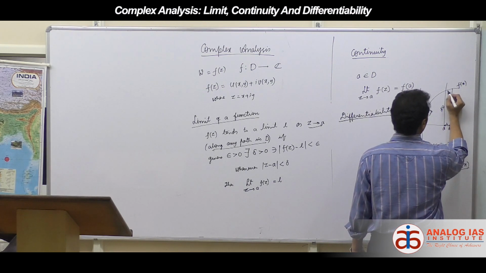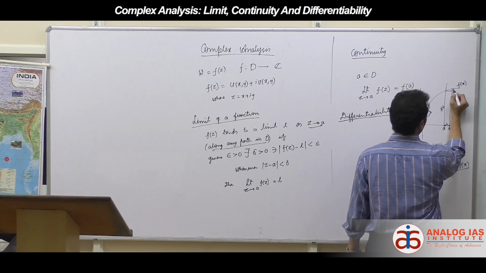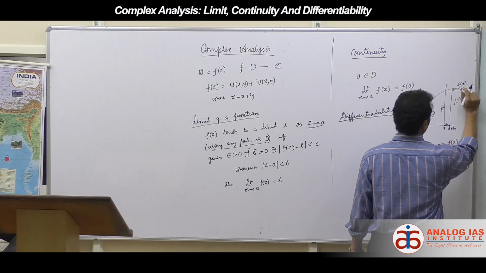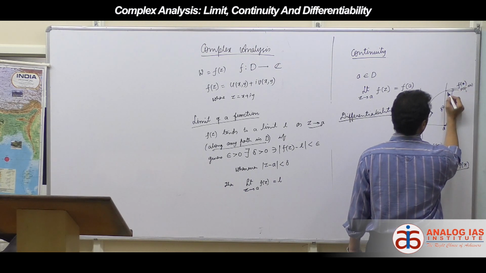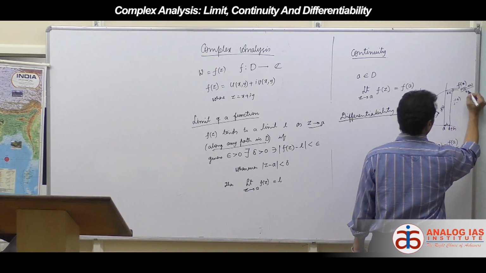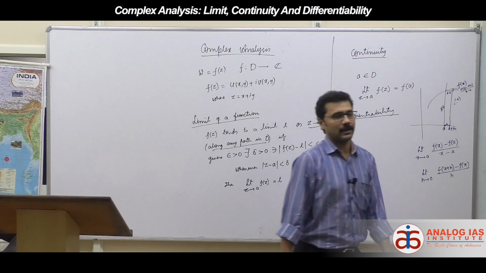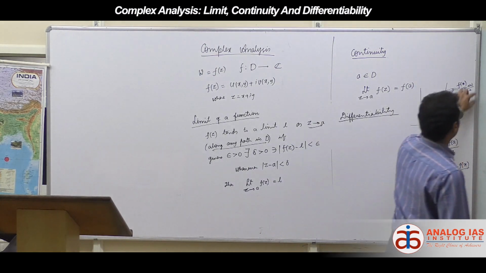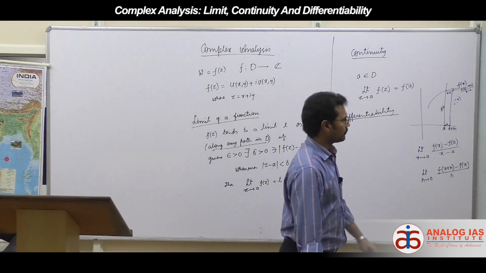Initially, this is f of x minus f of a, this is x minus a, which is equal to h. The ratio is the gradient, the slope that we call, which comes into the picture with this ratio.